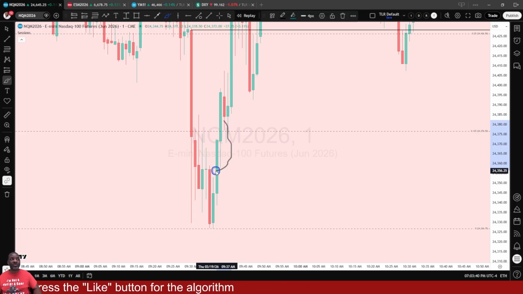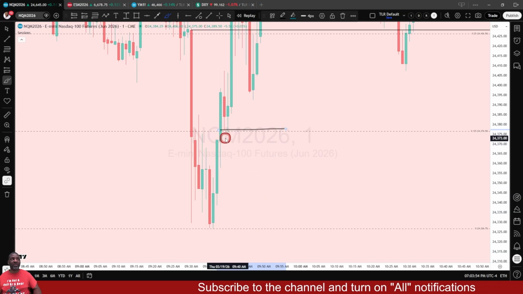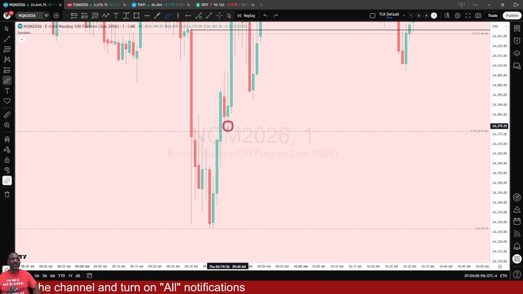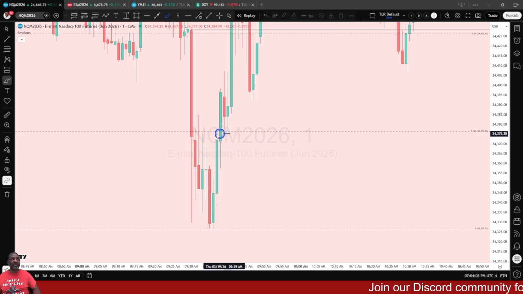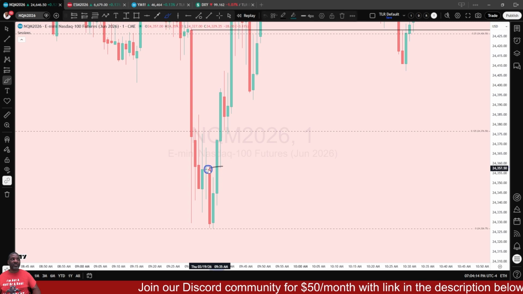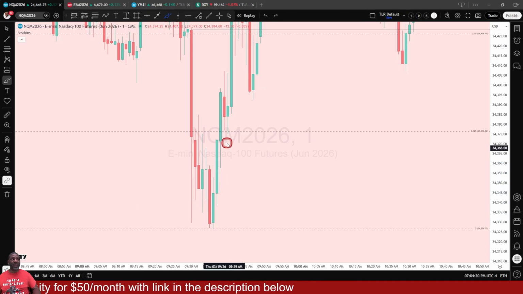And then even if it came down to that fair value gap, where's the mandatory stop for a fair value gap? Candle 1, candle 2, candle 3. The low of candle 1 is the mandatory stop for a fair value gap based off how Michael teaches it. The safe stop will be below the swing low. So even if it came back down into that, the mandatory stop has that covered. Because if you violate this right here, you're trading through that wick, you're trading through that fair value gap, you're trading through that bullish order block.